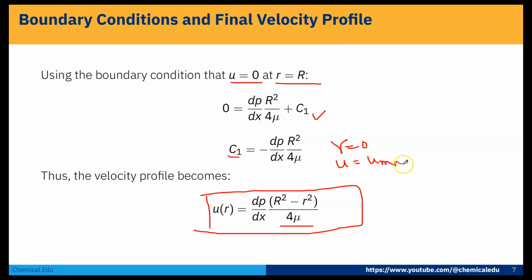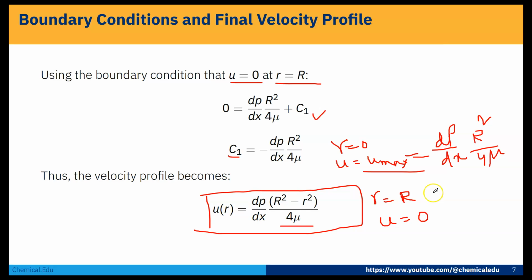So u max will be dp by dx times capital R square by 4 mu. And at r is equal to capital R, what will be u? u will be 0, that is at the wall. So this equation is correct because it satisfies the boundary condition.